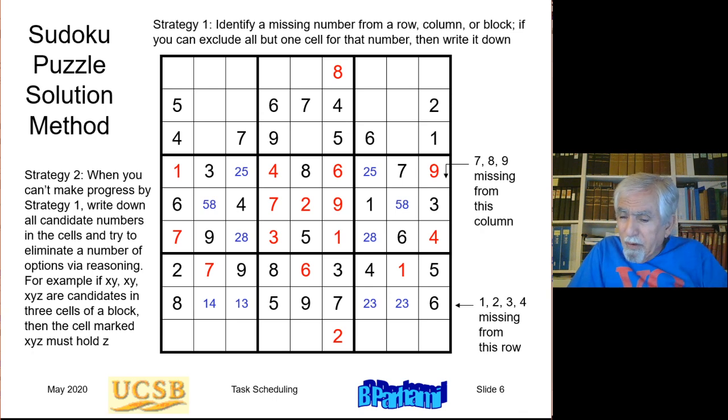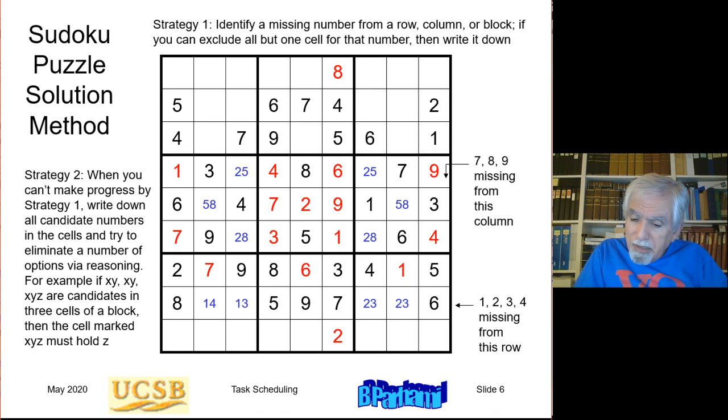Okay? However, the nature of this ambiguity here is that I can resolve it by the following argument. I say this cell here will have 2 or 3. This cell here, so if this one has 2, this one will have 3. If this one has 3, this one will have 2. So 2 and 3 will appear in those two cells one way or the other. Therefore, 3 cannot occur here.